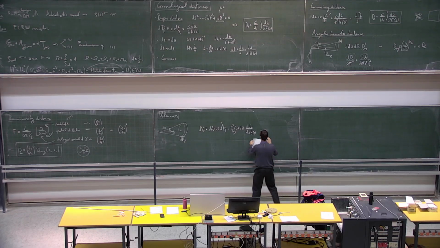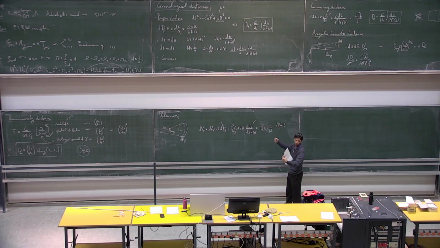Now writing in a slightly better way, this gives us a factor of d_A squared of a, and then we have c over H0, dz over dΩ. Okay, so what I did here now, expressing everything in terms of redshift, just to show you that you can have this relationship using the expression that we derived earlier.